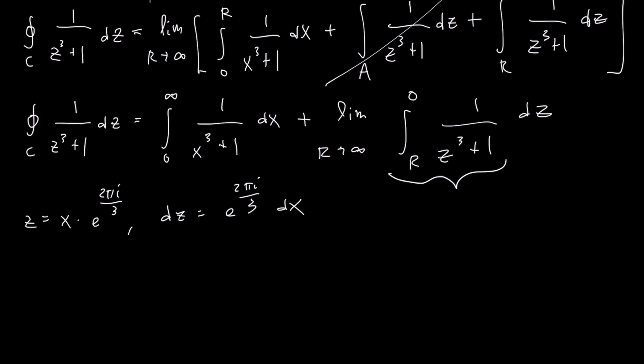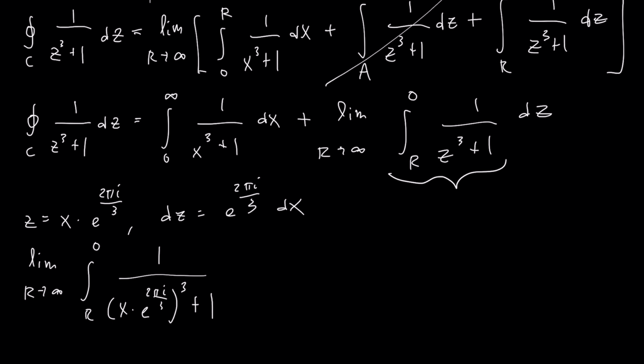So we're going to have a limit as r tends to positive infinity of the integral from r to 0, 1 over x times e to the 2 pi i over 3 cubed plus 1, and dz is e to the 2 pi i over 3 dx.